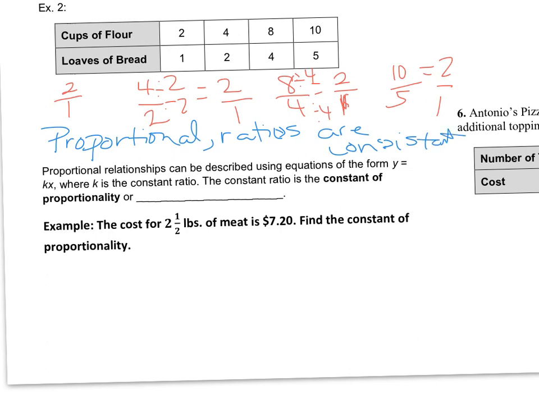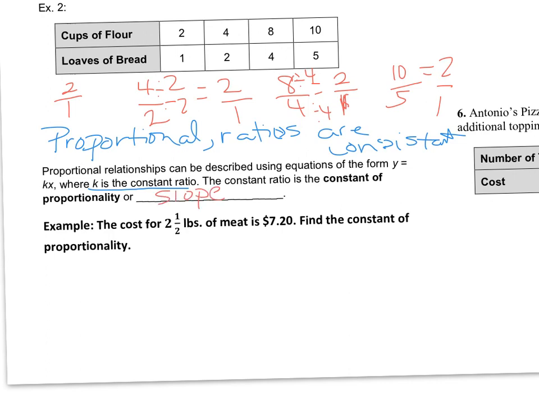Proportional relationships can be described using equations of the form y equals kx, where k is the constant ratio. In other words, k represents the ratio that each one of our ratios reduces down to. The constant ratio is the constant of proportionality, also known as the slope.